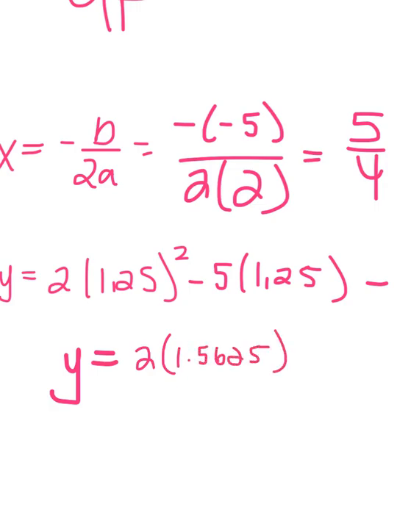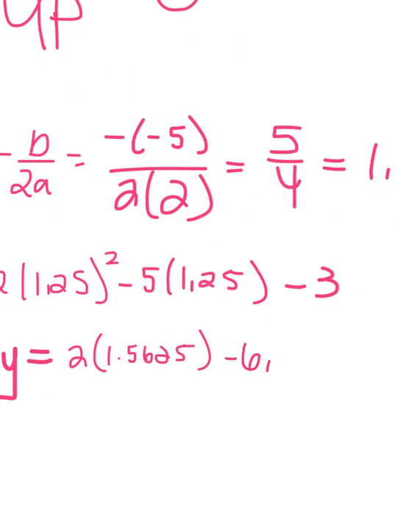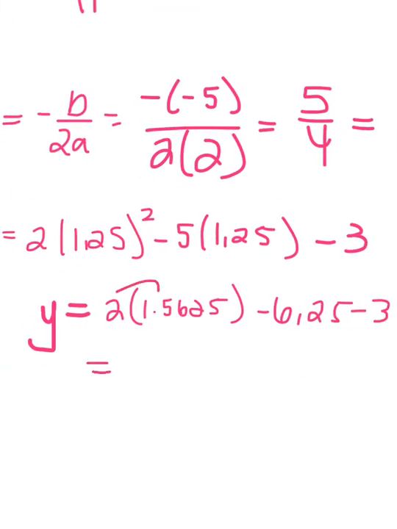1.5625, okay? What's negative 5 times 1.25? Negative 6.25 minus 3. So then what is 2 times 1.5625? 3.125.